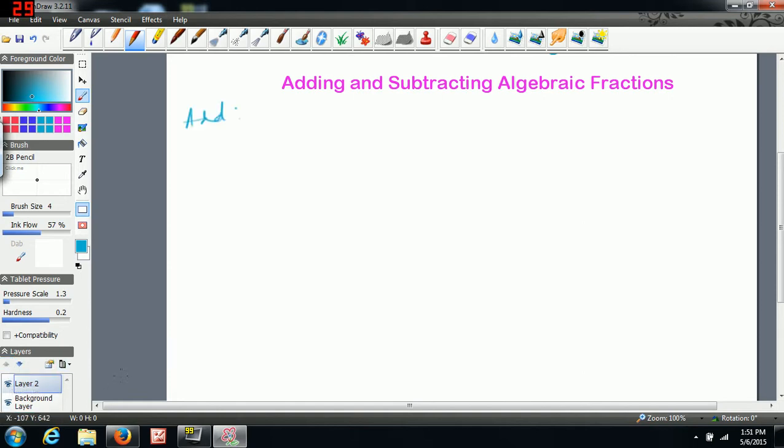The previous example should have said subtract, so I'm not sure if I wrote add or subtract, but it should have said subtract because we were subtracting. So x plus 2 over x minus 3 plus 2x plus 1 over 3x minus 2.